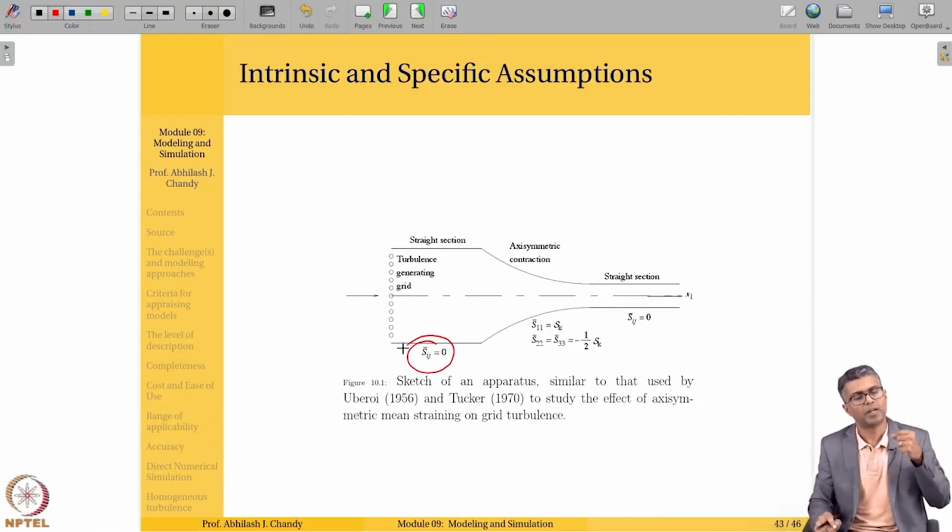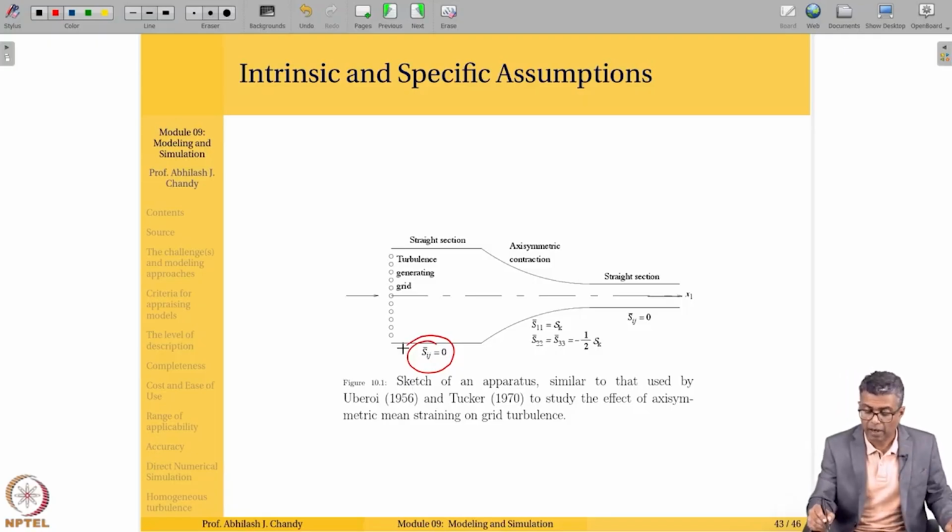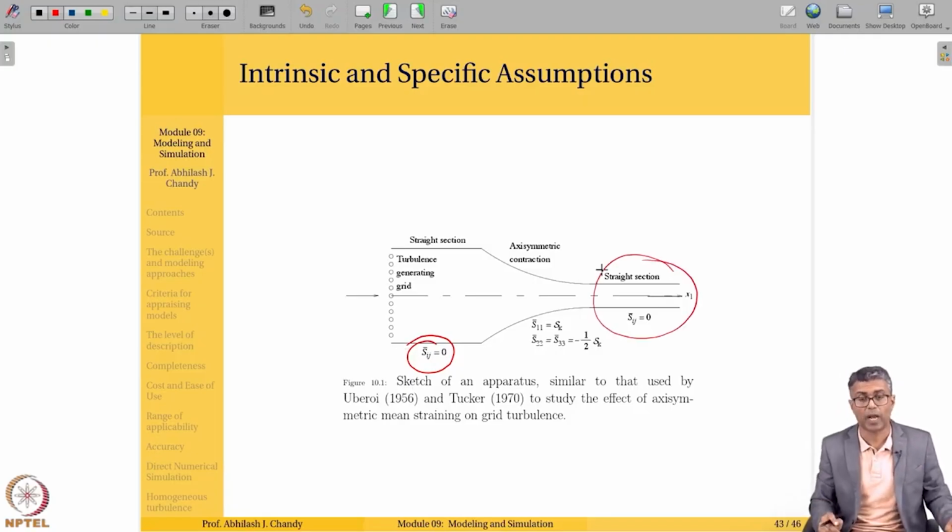According to your turbulent viscosity hypothesis, it is going to predict that the Reynolds stress is 0 in this section as well, because in any straight section the Sij is going to be assumed to be 0, because the mean velocity gradient is 0. We are talking about steady state.